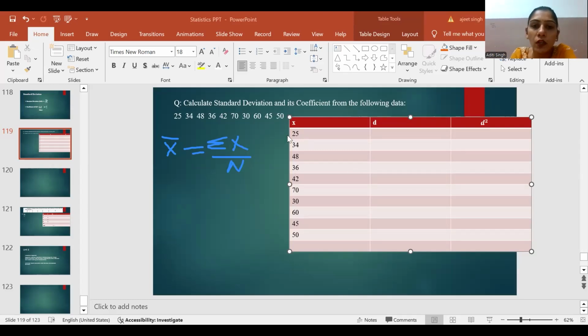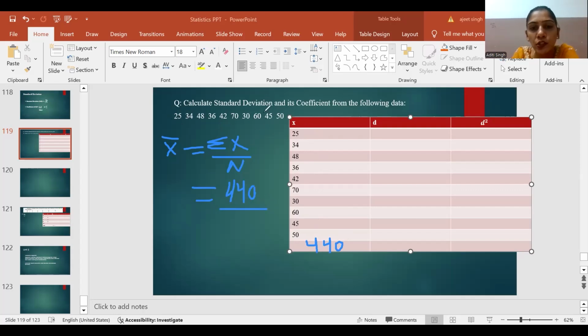The total of x, or the sum of x, is 440, and n is the total number of items.